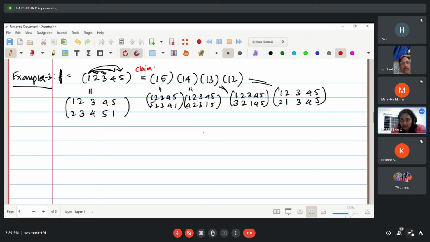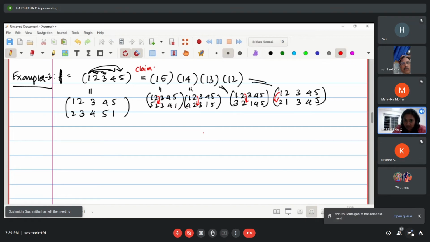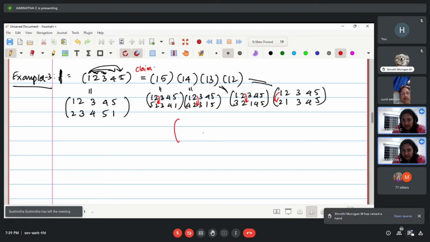Let's see where 1 goes to. 1 goes to 2. Then you come here, 2 goes to 2. Come here, 2 goes to 2. So after performing all these operations, eventually 1 is going to 2.